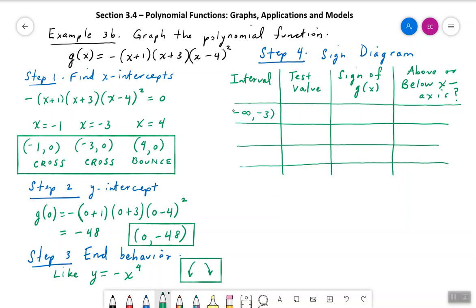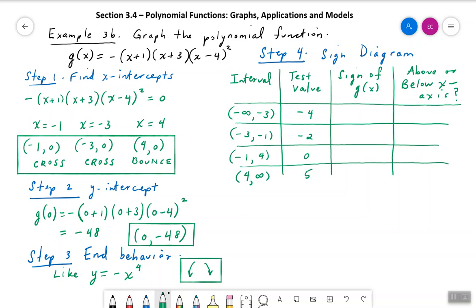From left to right, negative 3 is the first x-intercept, then negative 1 is the next one. And then negative 1 to 4, and then beyond 4 all the way out to infinity, the sign will be the same. And then we can do test values, so pick a number between negative infinity and negative 3, and so on for each of the intervals.